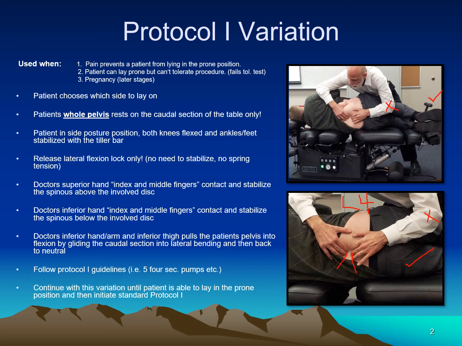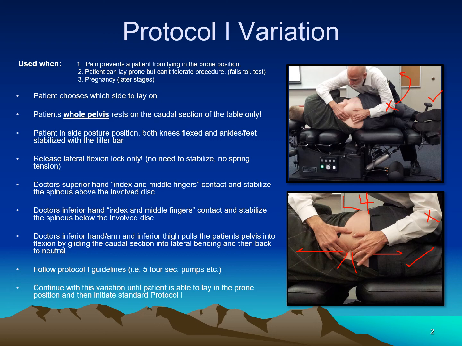And you can do that to a degree appropriate for the patient. So to reiterate, this hand is pulling that way, that hand is pulling that way, as this elbow pulls the patient into flexion. And that is going to reproduce protocol 1 with the patient on their side.